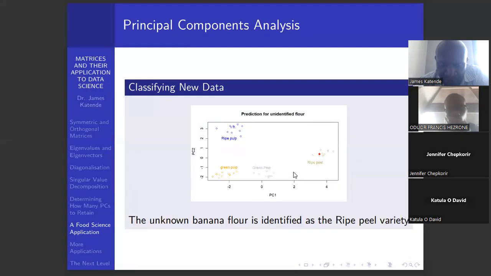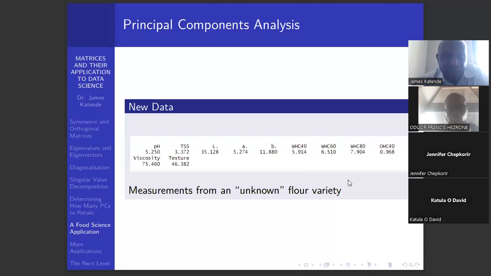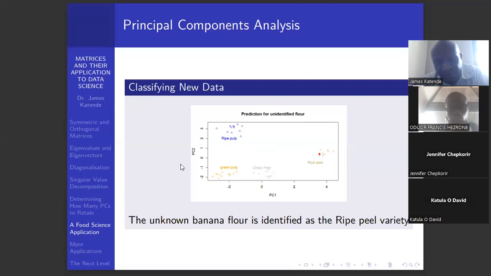If you have some measurement from some unknown banana variety, you could project this onto the first two dimensions. And when we do that, it lands on the ripe peel variety. So ripe peel variety is this cluster here. This is not the best way to do prediction, but it also helps.